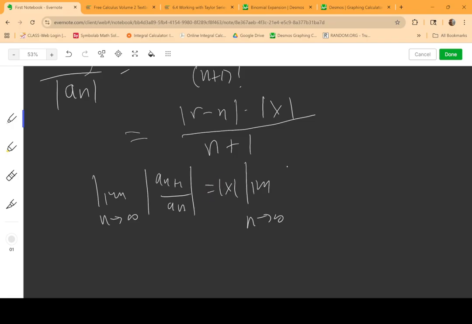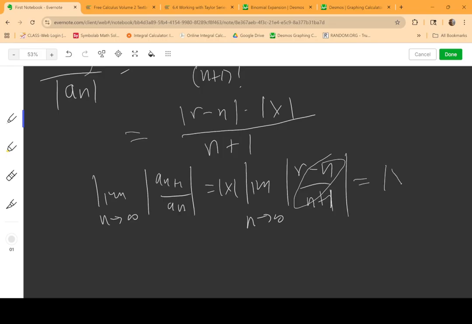So I can write it out here, and we get (r minus n) over (n plus 1), right? And as n goes to infinity, that's what's changing. r is fixed, 1 is of course fixed. So we get the absolute value of negative n over n, which is just positive 1, since it's absolute value. So the limit goes to 1.